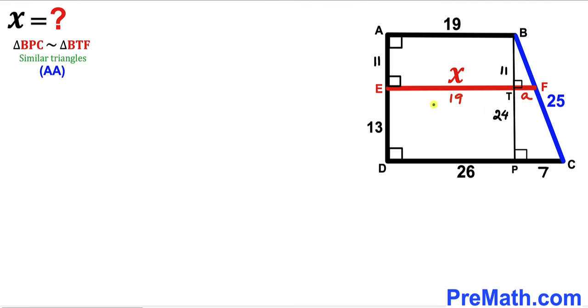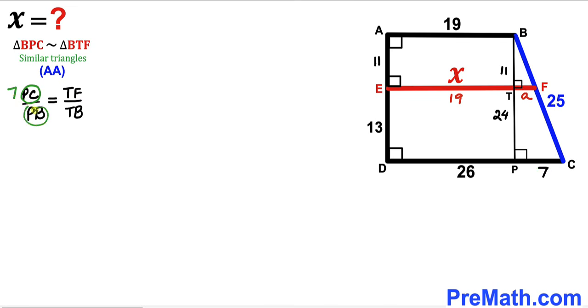So therefore we are going to have a proportion. We can write the ratio of side PC and PB is going to be equal to the ratio of side TF and the side TB. Now we can see this PC length is 7, so I'm going to replace that with 7 over here.